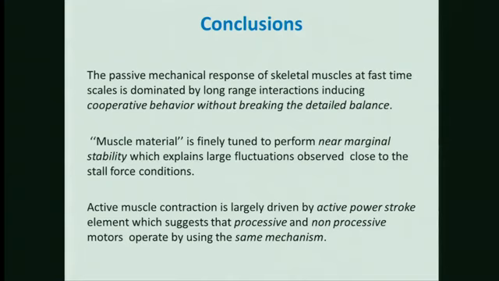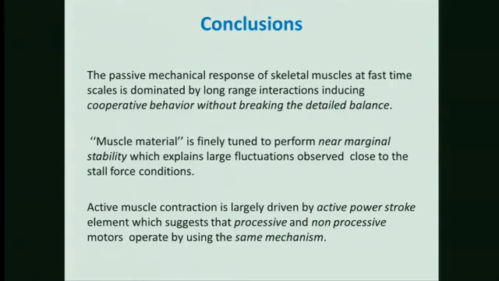So I can formulate conclusions. So the passive mechanical response of skeletal muscles at fast time scale is dominated by long-range interactions, which induce cooperative behavior without breaking the detailed balance. Now, this material is finely tuned to perform near marginal stability, which was emphasized in Fred MacKintosh's talk, and which explains large fluctuations observed close to the stall force conditions in muscles.